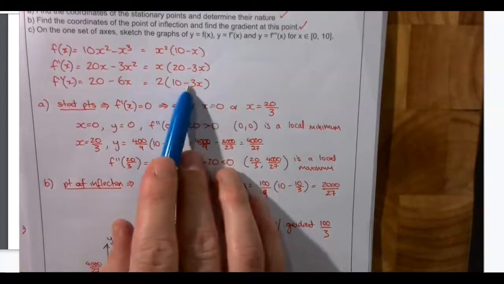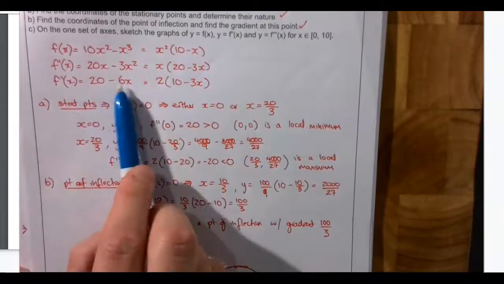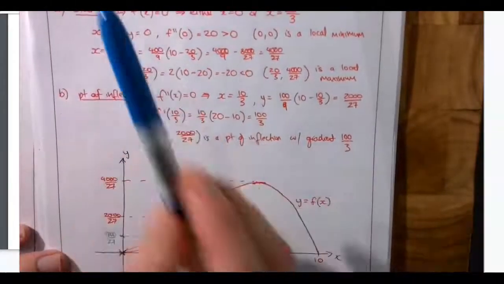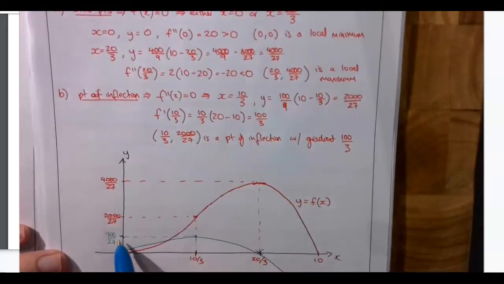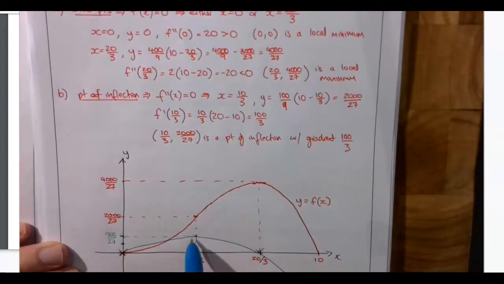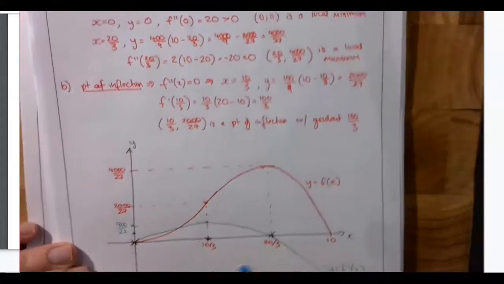We can use just a simple y equals mx plus c form. Here we've got 20 minus 6x. So 20, where does that come in here? 2 times 27 is 54, so 20 times 27 is 540. So we're going to hit about halfway up, a little bit more than that, and it's going to have a 0 at 10 over 3 because that's where the graph of the gradient has a stationary point.